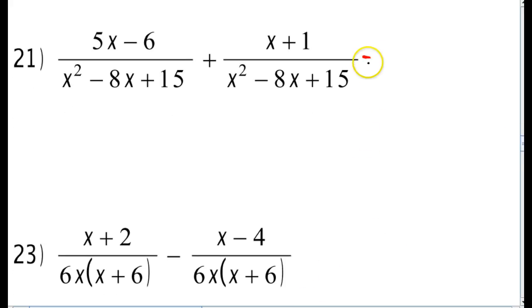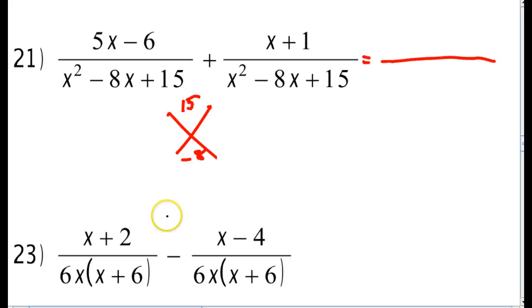Okay. Can that denominator factor? GCF? No. 1, negative 8, 15? No. They don't all have the same variable, so no GCF. But this is a quadratic. So you need two numbers that multiply to 15 and add to negative 8. Absolutely. So we've got to do that.